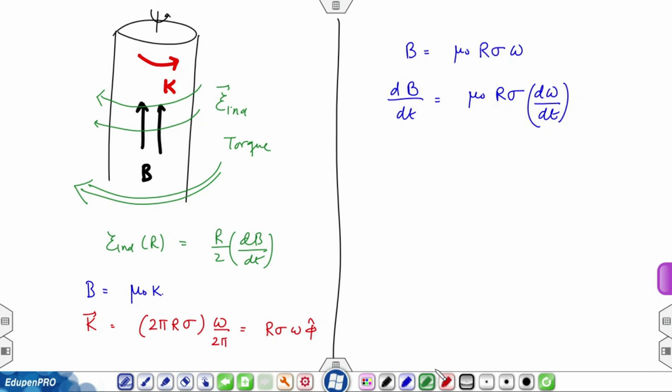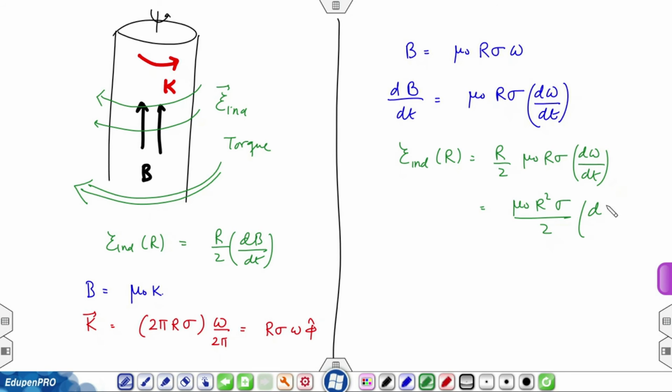And this means E induced at r is r by 2 times mu 0 r sigma d omega/dt, which is equal to mu 0 r square sigma over 2 d omega/dt.